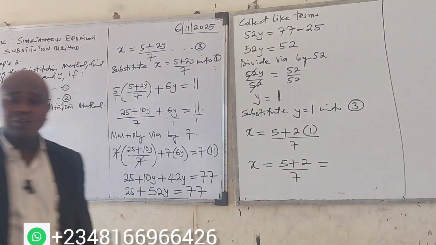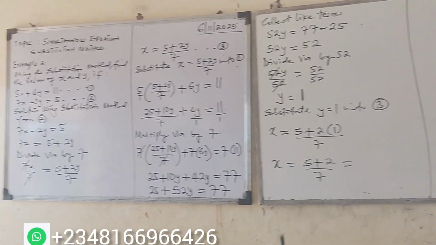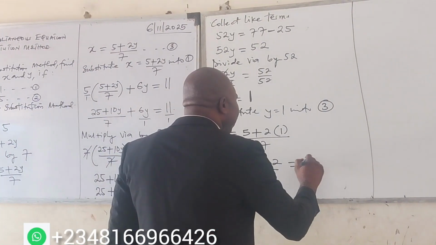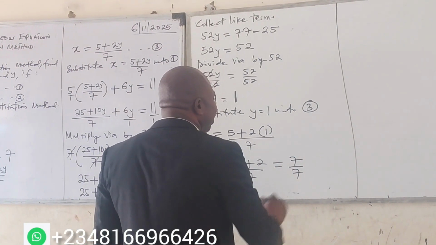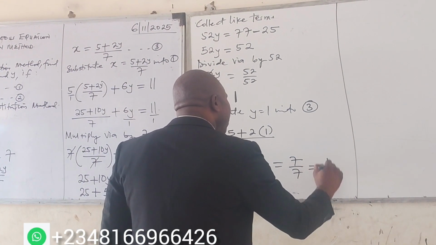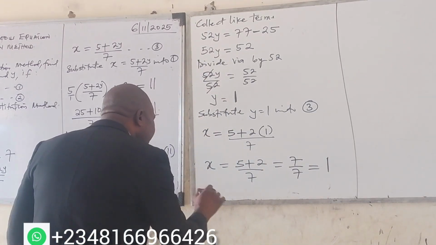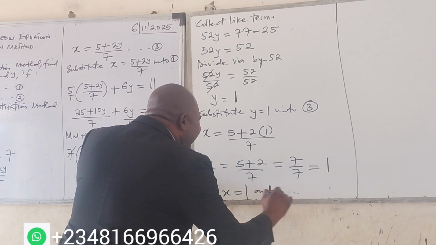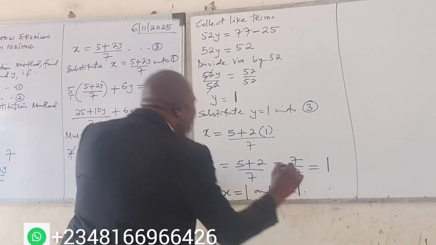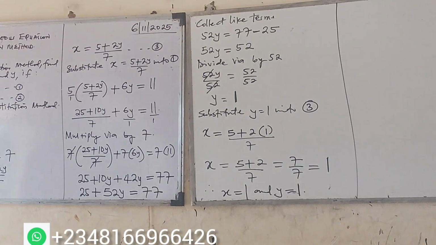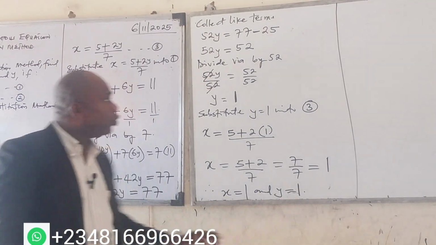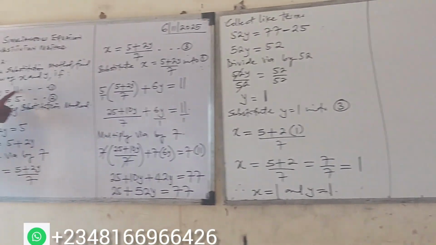And 5 plus 2 is 7. So here we have 7 all over 7, and 7 divided by 7 is equal to 1. So therefore, x is equal to 1 and y is equal to 1. Now, it means when you substitute those values into the question, you will get this.